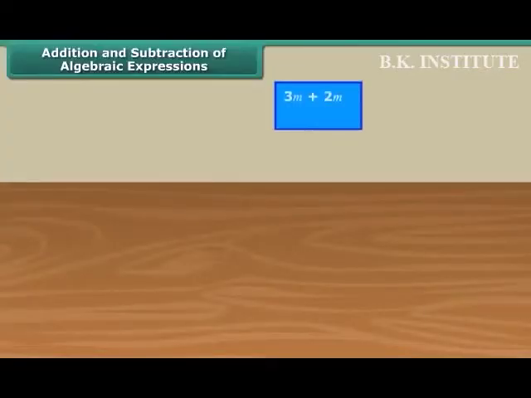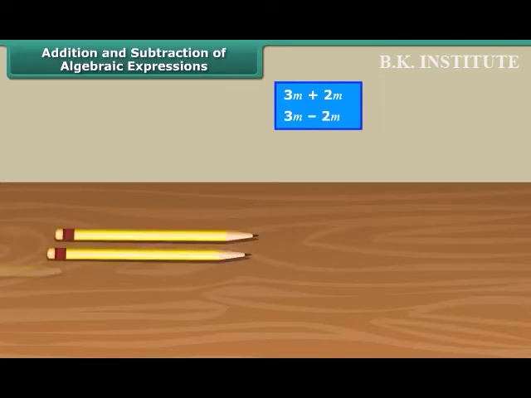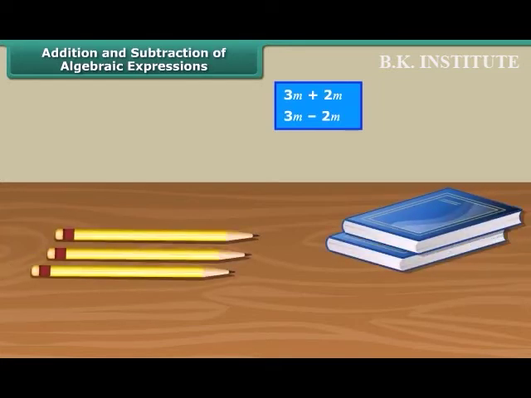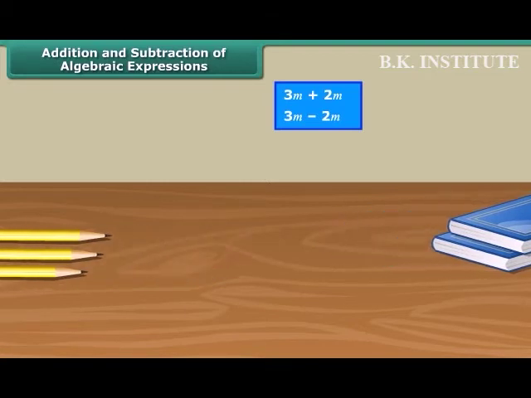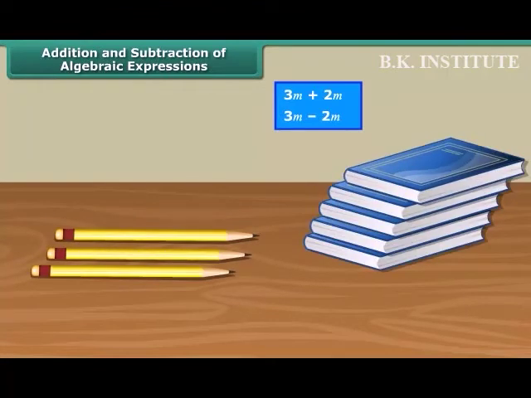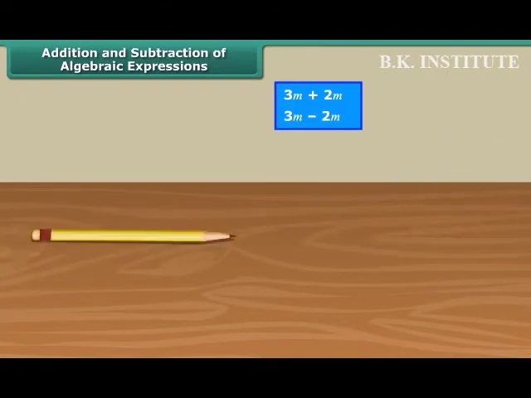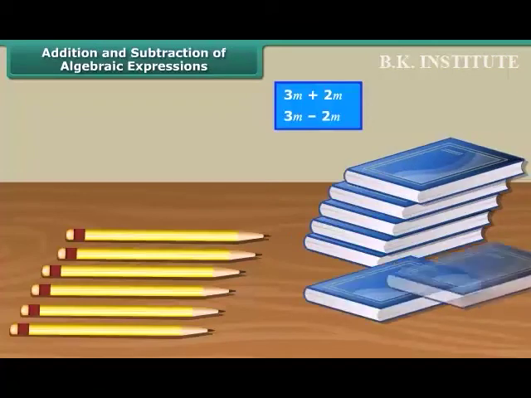We can only add or subtract like terms. But why is it so? Think of it like this. On a table, we have 3 pencils and 2 books. We cannot add the 3 pencils to the 2 books because they are not the same kind of objects. Now, if we get another 3 pencils and 5 books, altogether, we now have 6 pencils and 7 books.